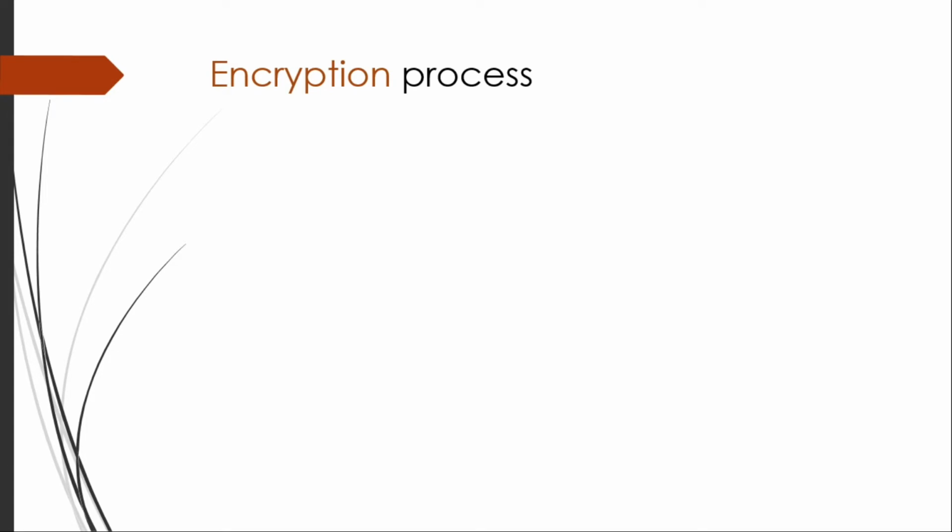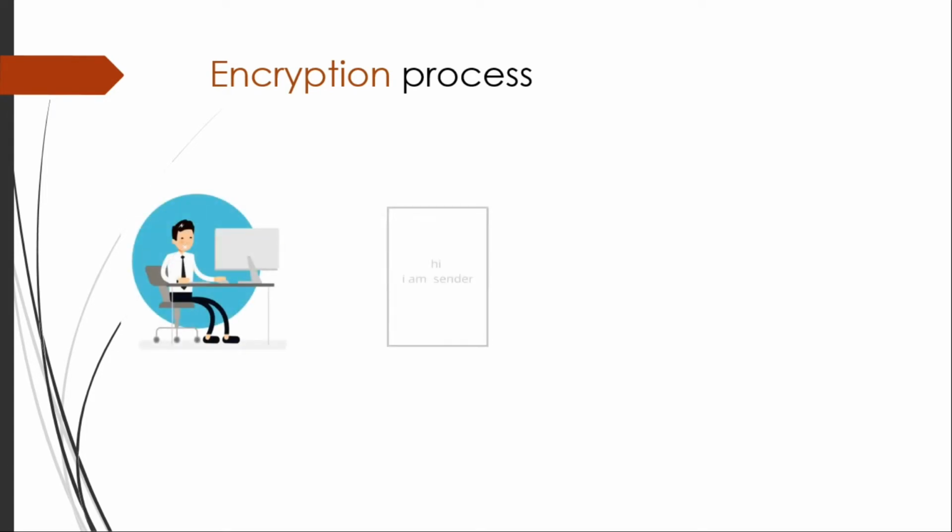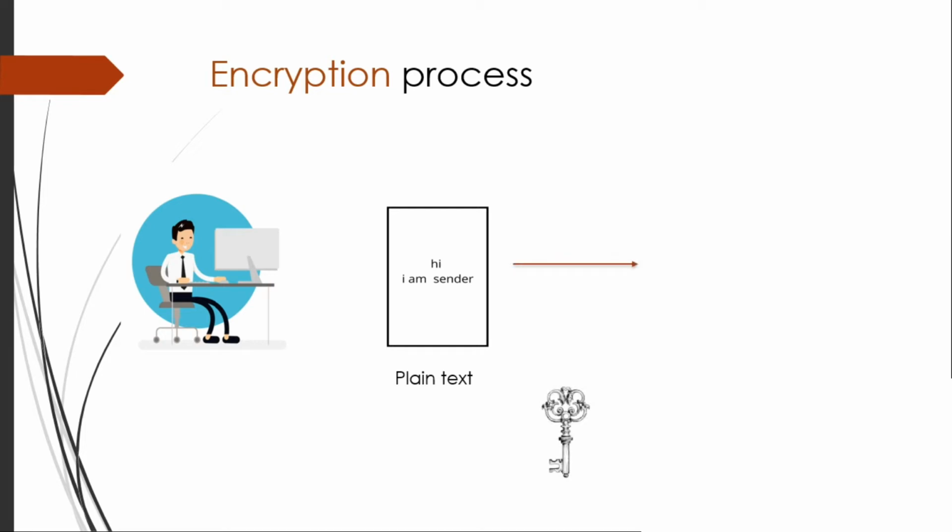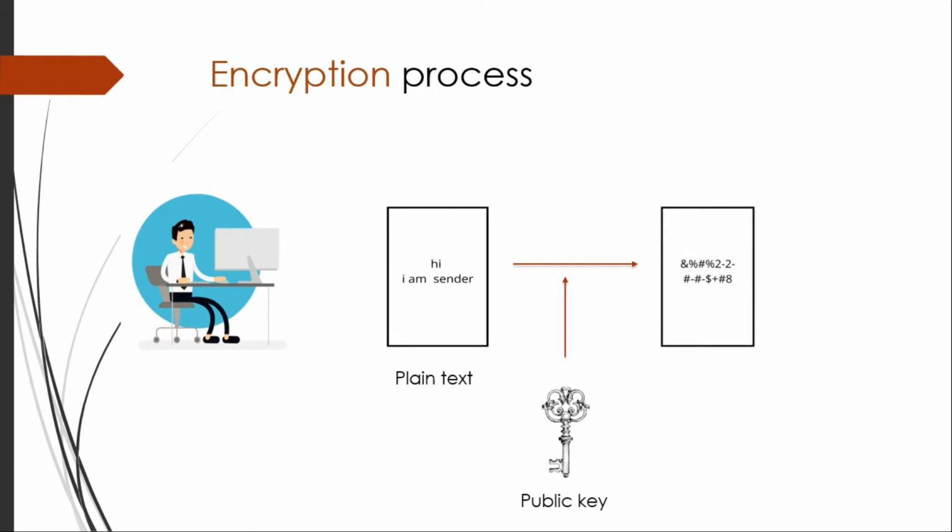Now see how actually encryption works. The sender sends a message, "Hi, I am sender." But before sending that message, it is converted to a ciphertext using a public key. Then the ciphertext is sent through the communication channel.